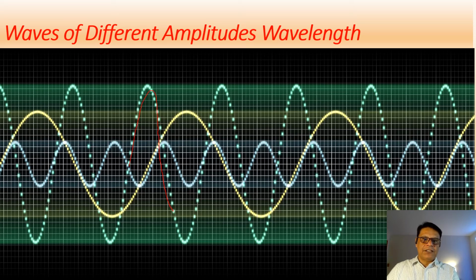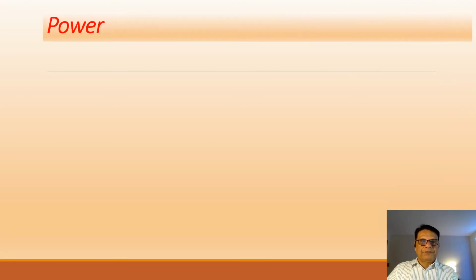This is the highest amplitude, this is the medium one, and this is the smaller one. And it is actually the height of the wave. Height of the wave means the strength of the wave, the magnitude of the wave.